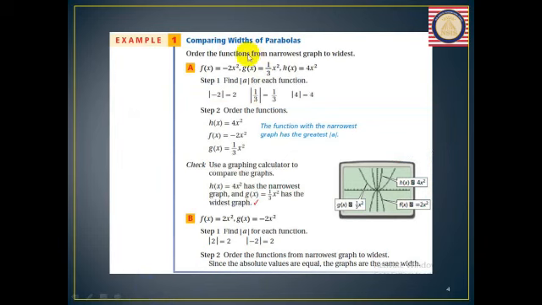Let's see a question in this lesson. Order the functions from narrowest graph to widest. Here negative 2, and a third, and 4. So we said the greater the absolute value, the narrower the graph.